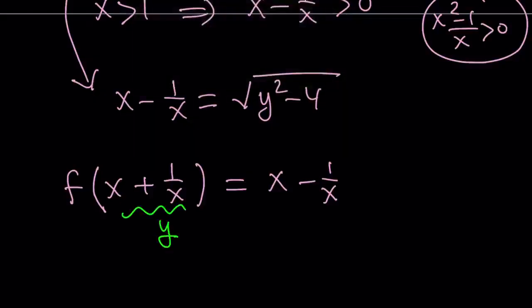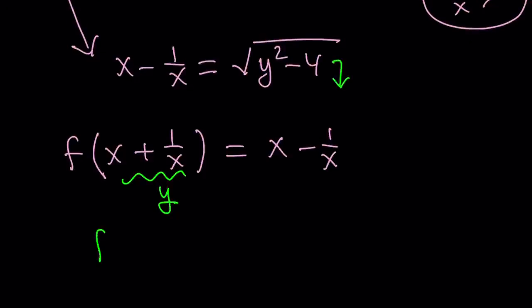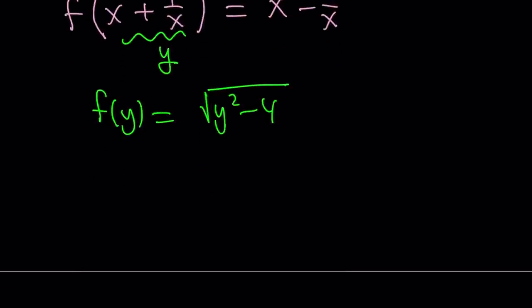And now we realize that x minus 1 over x can be written in terms of y as well. From here, we get the following. F of y equals square root of y squared minus 4. And if you just replace y with x here, you're going to get f of x equals square root of x squared minus 4. So they kind of gave us the value of f in terms of x because we were looking for f of x.